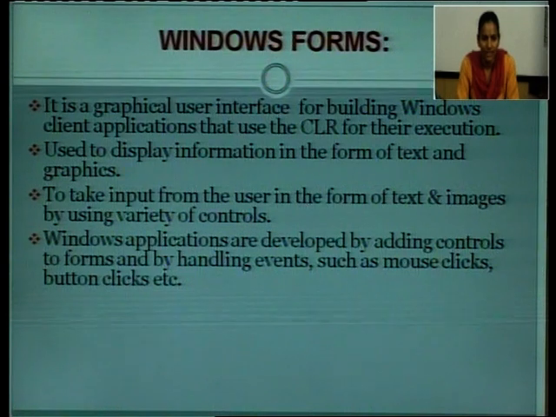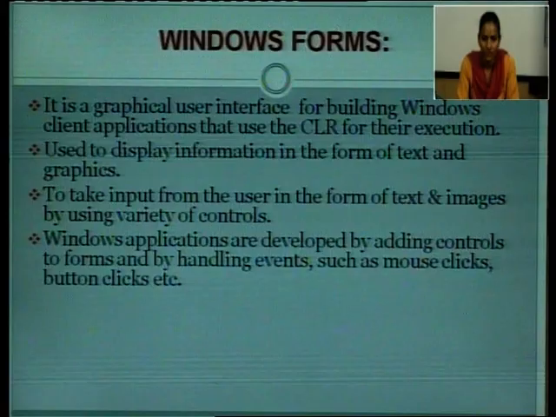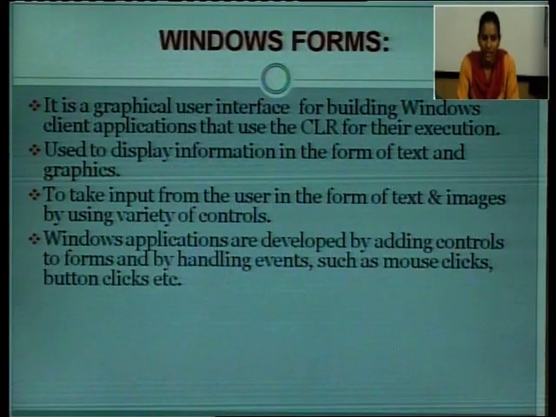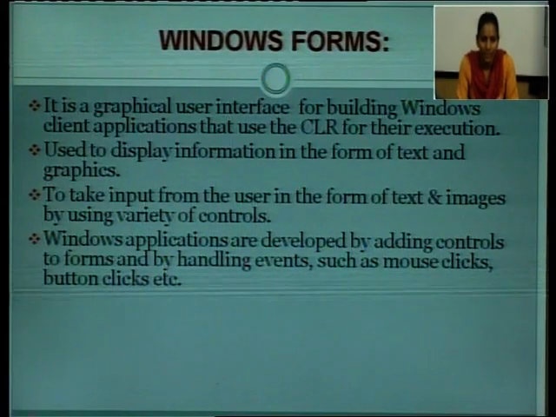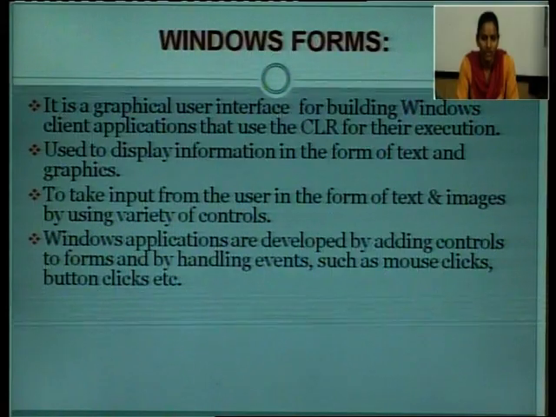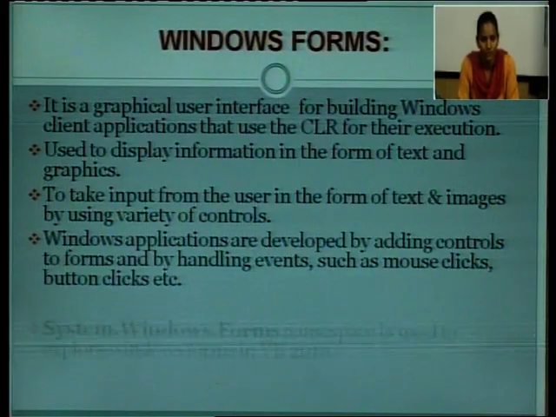Windows applications are developed by adding controls. So how can we develop Windows applications? By adding controls to forms and by handling events, such as what happens if we click on a particular button like sign in, what happens if we drag and drop a control, what happens if we click on a picture, or what happens if we click on a label control.